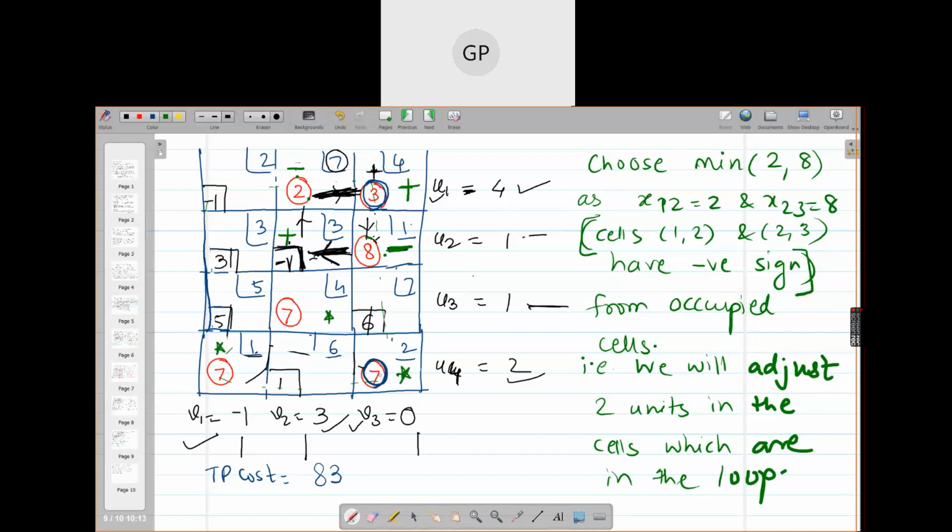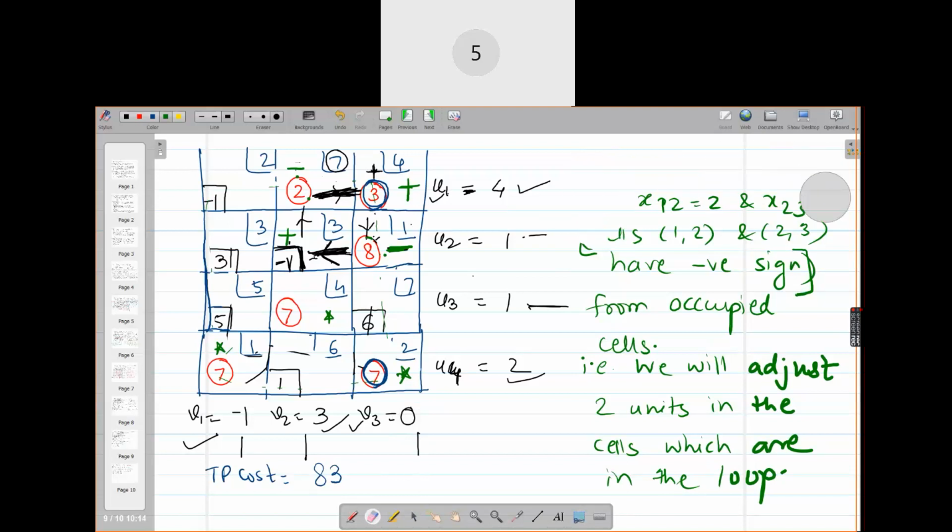Okay, they will be as they are. Finished writing this? Finished or not? Yes, ma'am. So I am erasing this part.